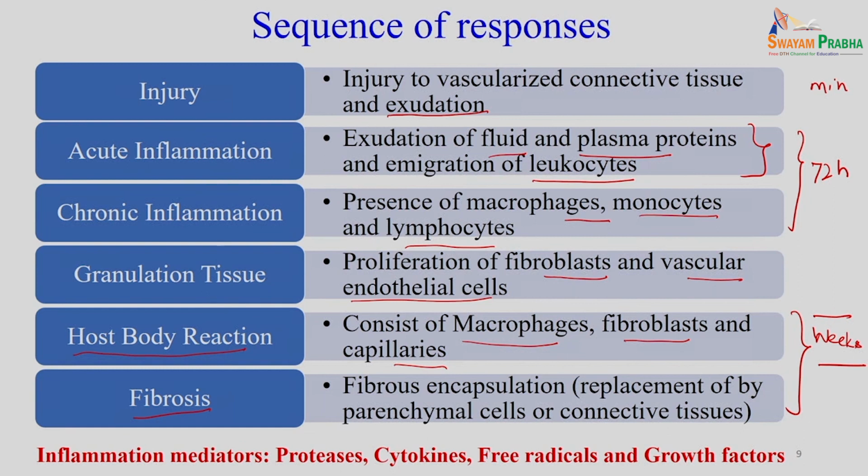Now, when we go for biomaterial implantation, during the injury and the acute inflammation, two steps are also involved. In between these two we first have blood and material interaction, followed by provisional matrix formation.